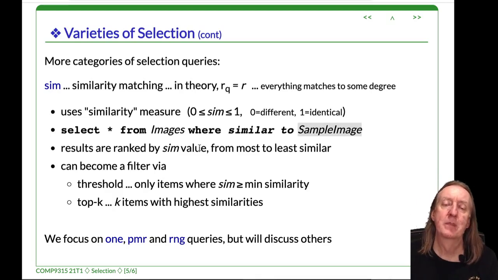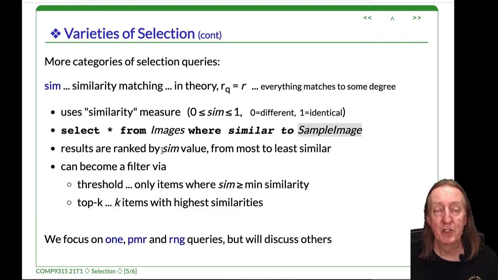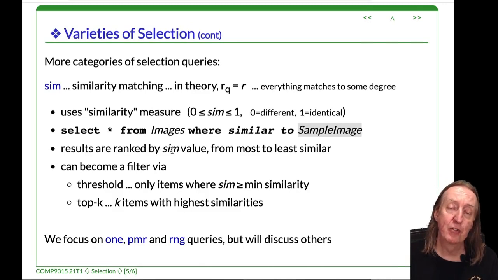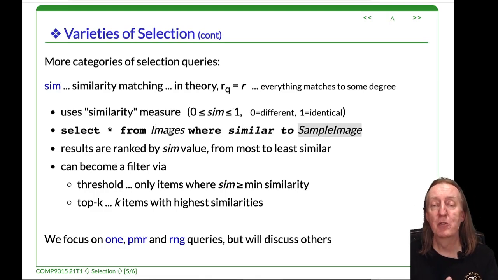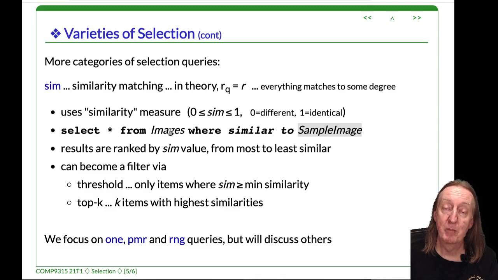So what do we do? We can't return all our tuples, so we do what Google does. We first of all rank them according to their similarity value. If you keep looking at this image example, where the similarity is 0.95, 0.96, 0.98, they're pretty close.